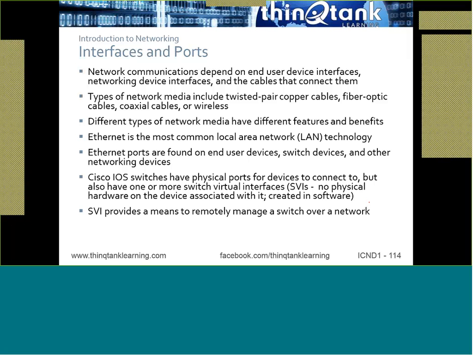Well, it has two functions. An SVI on a switch is either used to manage that switch over the network, or in a multi-layer switch, an SVI is used for routing, so that we can route from one VLAN to another. We'll talk about that part of it a little bit later on.